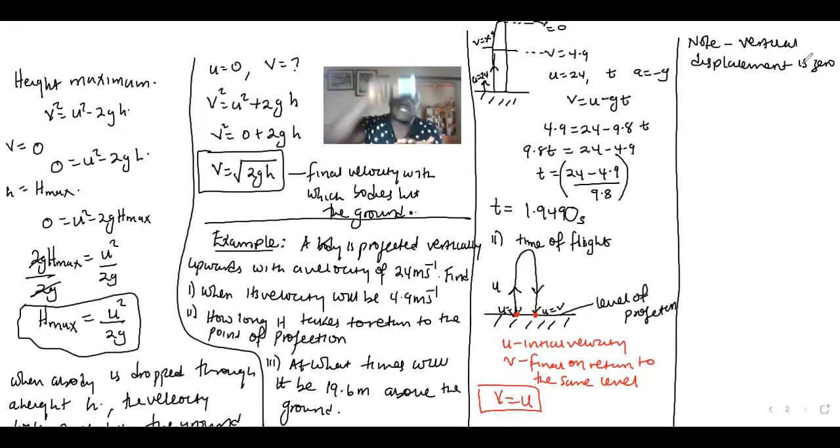Because on going, it takes a positive displacement. On coming back, it takes a negative displacement. Therefore, when you total up the 2 displacements, because they are the same, the net resultant displacement becomes 0. That is why I'm saying vertical displacement is 0. So if vertical displacement is 0, what is going to happen? Who can give me the equation of motion for vertical displacement?